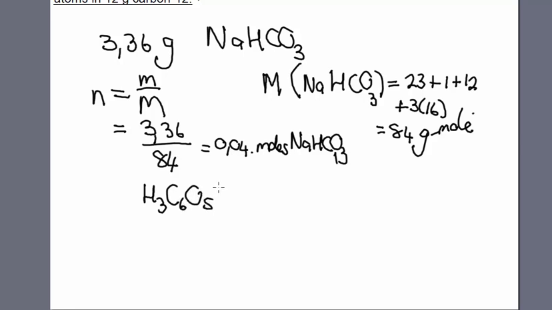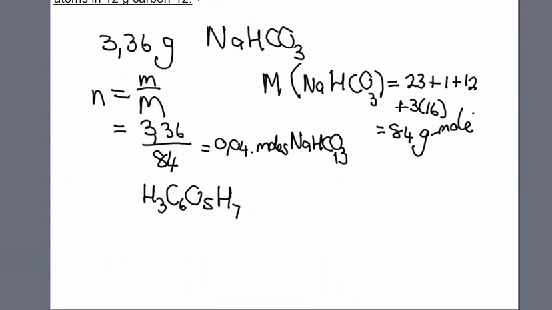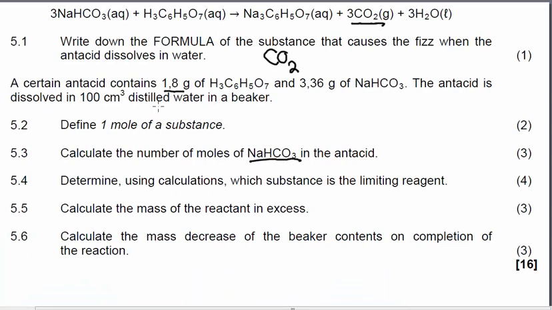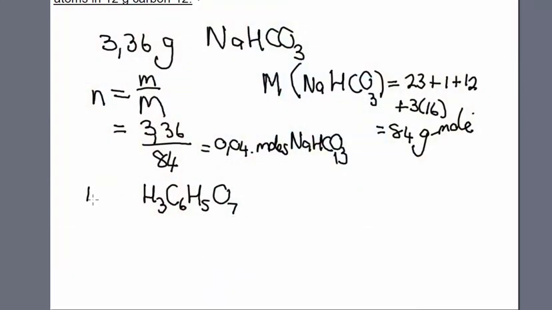Let's just double check the formula. Yes, H5O7. So when we look at the mass of this substance that we have, I believe this is acetic acid, 1,8 grams. We can calculate the amount of moles that we have here as well.